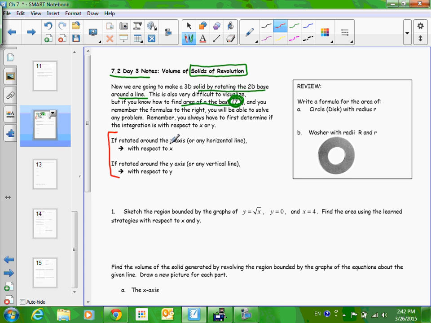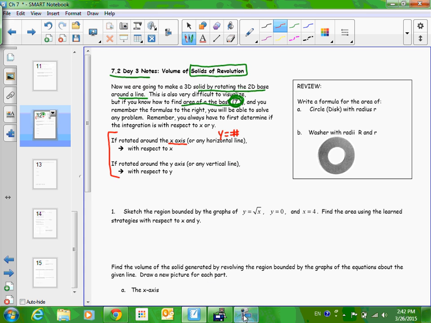If we're rotating around the x-axis, which both of those in the computer simulation were, or any horizontal line, this could be tricky because the equation of a horizontal line is y equals something. When you see this is rotated around the line y equals 2, you might think this is with respect to y.